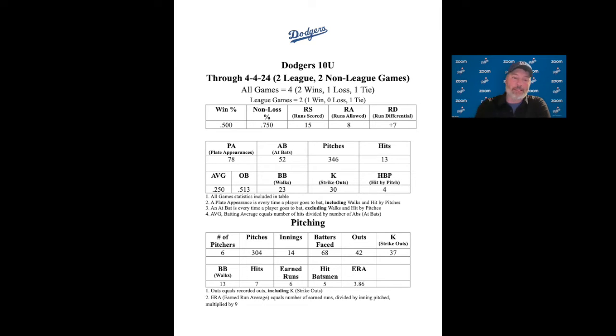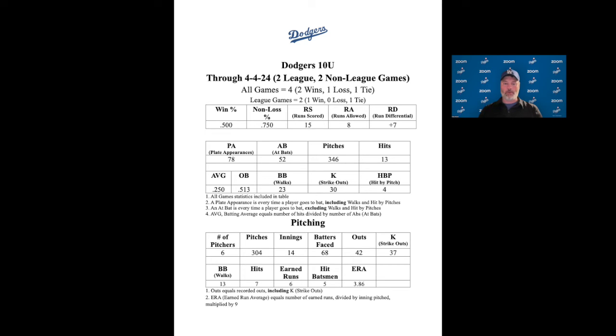If we look at our batting statistics as a team, all of us together, through the first four games, we have 78 plate appearances and we have 52 at bats. Now, quickly, let me explain the difference between a plate appearance and an at bat. A plate appearance is every time that we get up to bat, including if we get a hit, if we strike out, if we walk, if we get hit by a pitch, whatever.